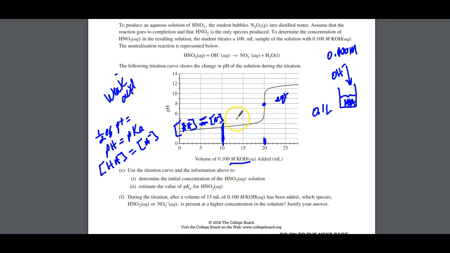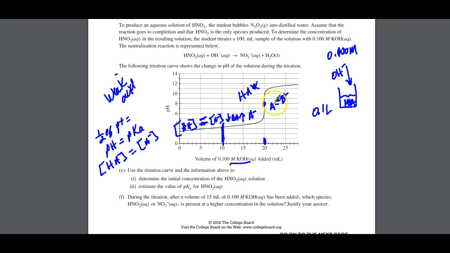On the other side of it, you're converting more of the HA, and so the HA goes down, and what comes up? A minus. Until you get here and you have no more HA, it's gone. And what do you have left? A minus.